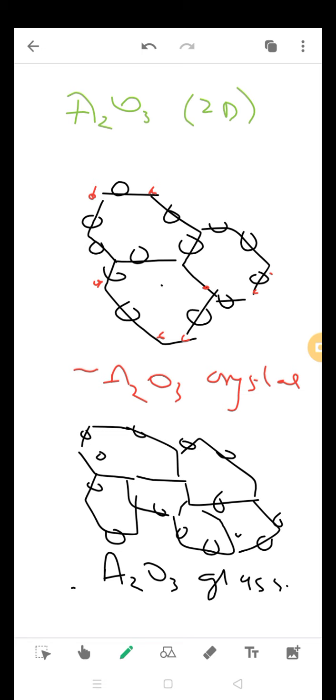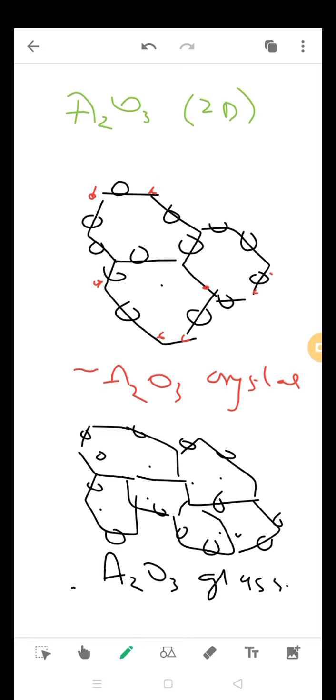So what is the difference between these two? First of all, you can see that there is no long range order, so long range order is disrupted. The advantage of this amorphous type of material is that the properties are mainly isotropic in nature.